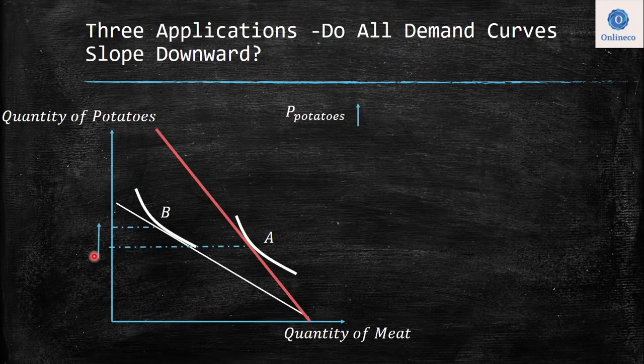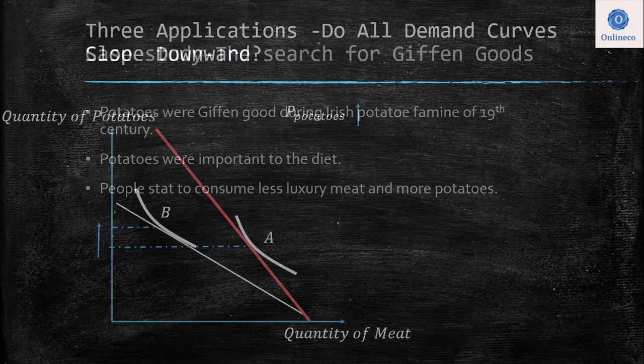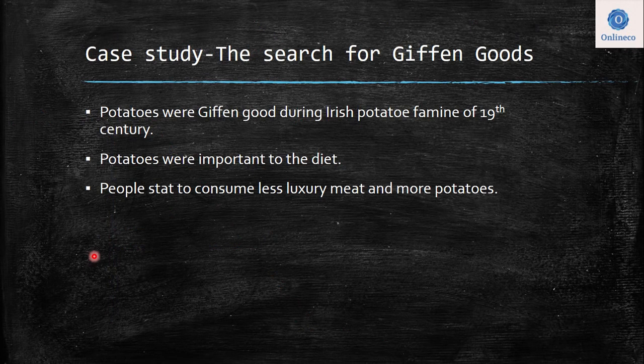Why should that be the case? This is an example of something that really happened. Potatoes were a Giffen good. What is a Giffen good? A good that when the price rises you consume more. It was a Giffen good during the Irish potato famine of the 19th century. Why? Because in Ireland potatoes were important to the diet.